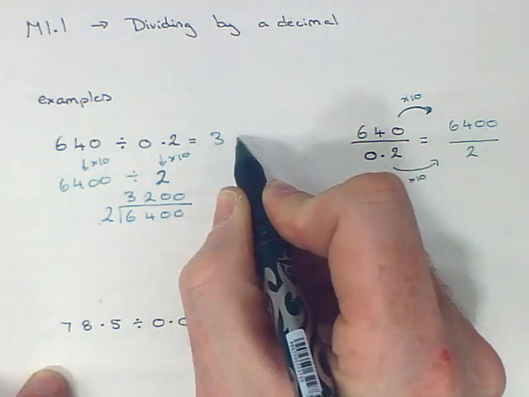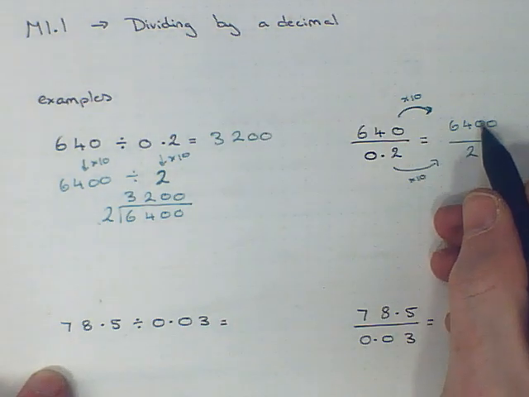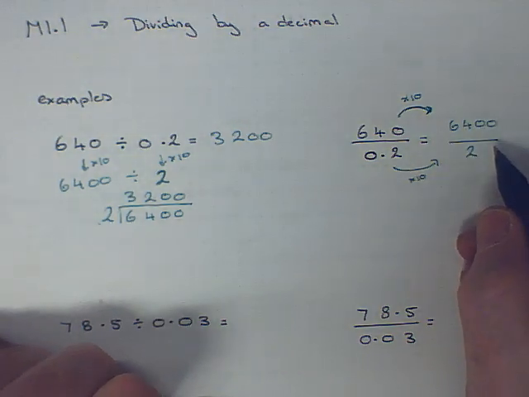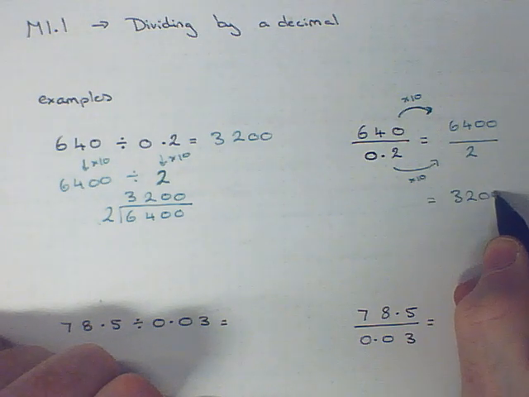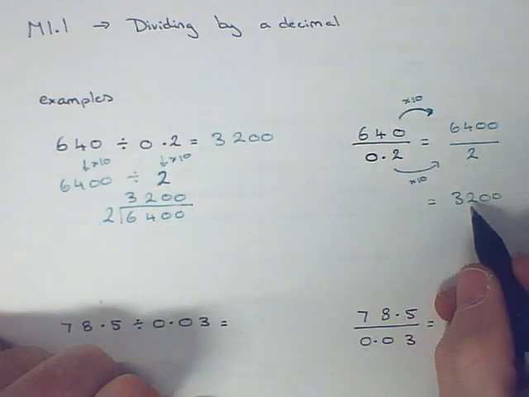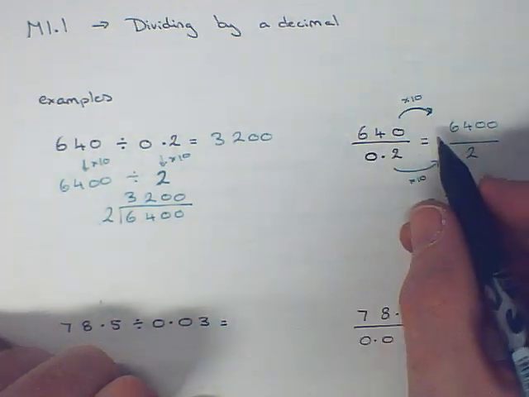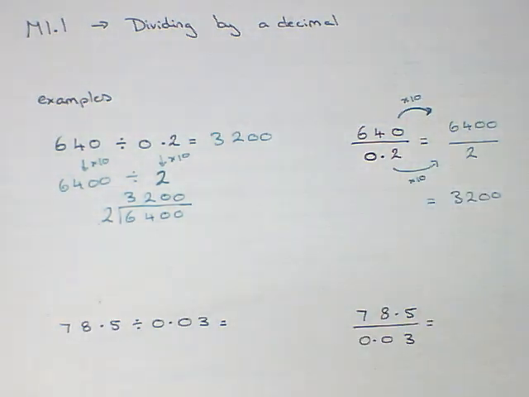So the answer is 3,200. And again, if we look here, both of these numbers are in the 2 times table, so the equivalent fraction would be 3,200 over 1, but because it's over 1, it just remains as itself. So it doesn't matter which way I choose to look at this question, I still get the same answer.